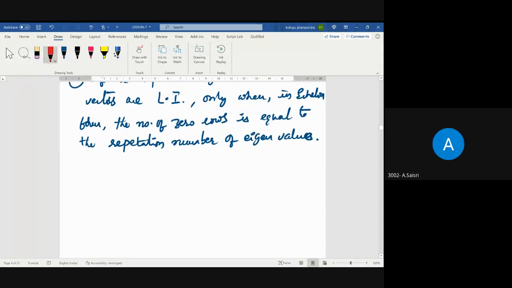Sir, if there are any new models, explain, sir. Otherwise, no. New models means I didn't touch the distinct eigenvalues. Do you want? Not repeated eigenvalues. Explain one, sir.